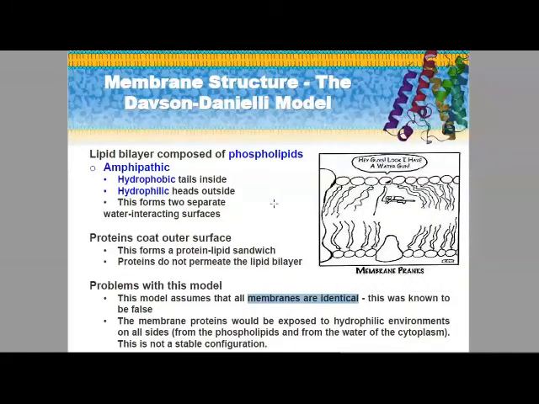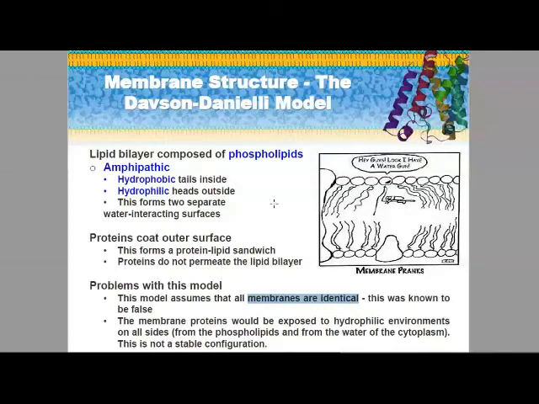So all the membranes have a phospholipid bilayer with a hydrophilic protein coat. Eventually, the idea that all membranes are identical was rejected. No way.